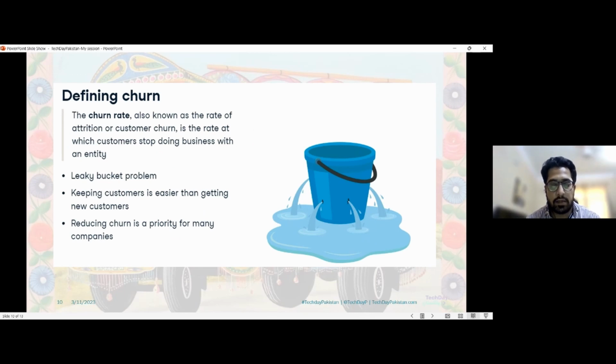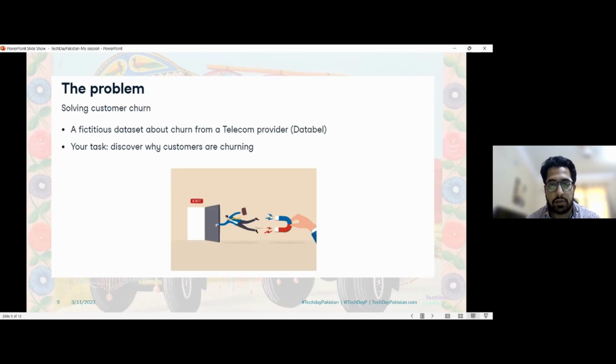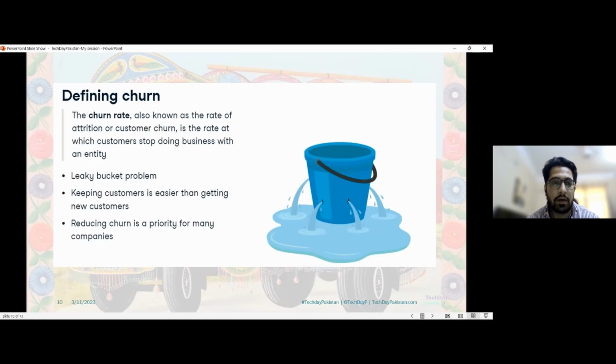Whenever a customer takes a service, for example in telecom, a data package or a phone package, at some point, due to services not being up to par or competition, there is a likelihood that the customer would exit the provider, and that raises a lot of concern in the business.